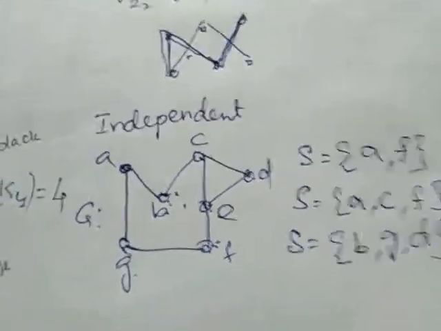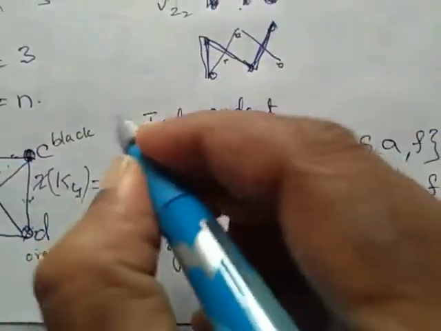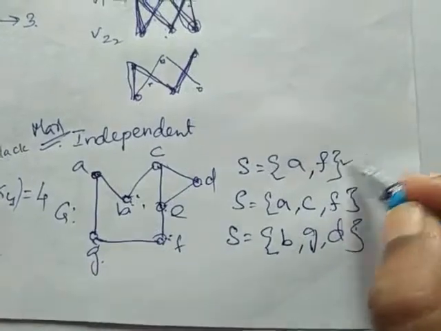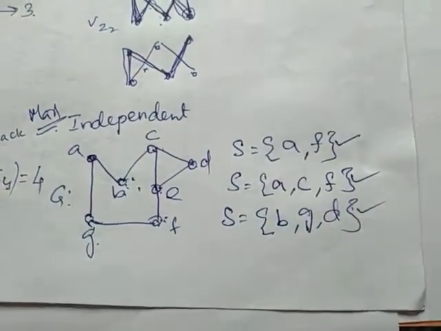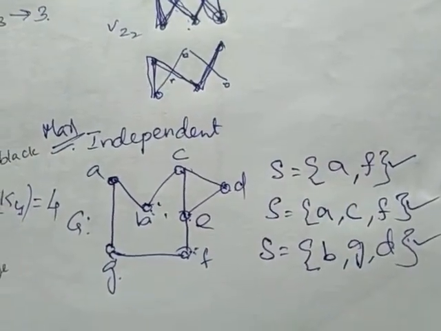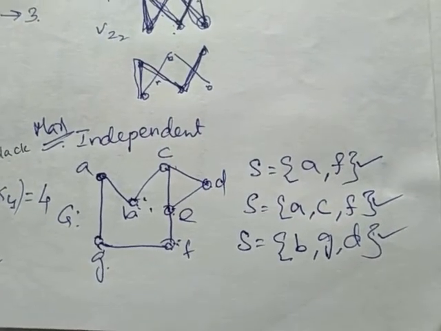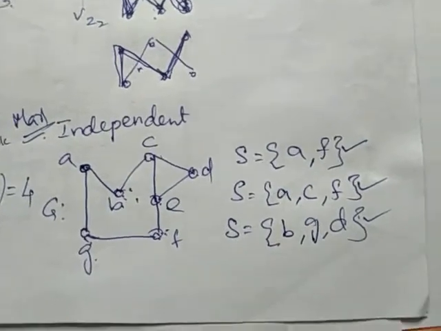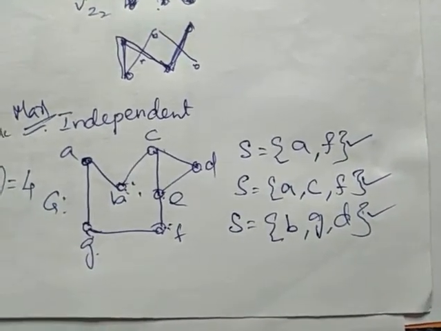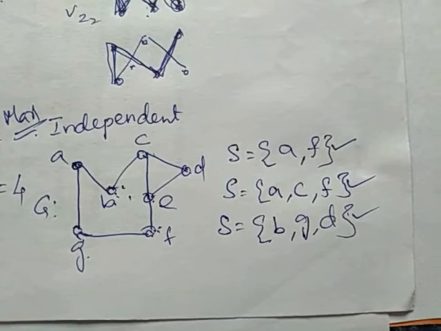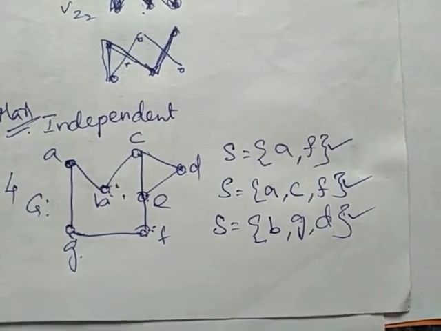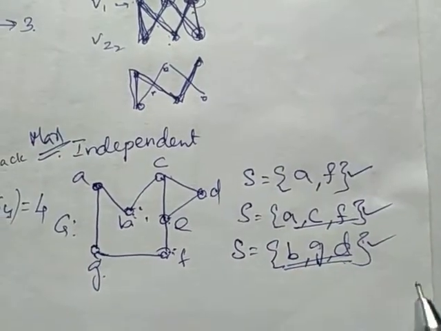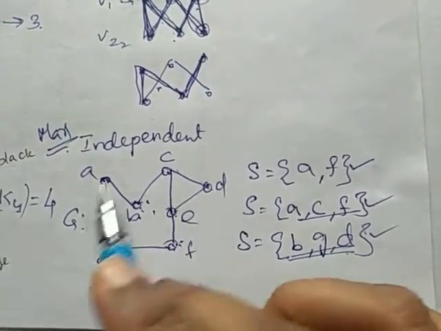Now we are going to study what is a maximum independent set. See, here we have 2 vertices, here 3 vertices, here again 3 vertices. So we can write n number of independent sets. The maximum independent set is the independent set with maximum cardinality. Here the maximum cardinality is 3. With 4 vertices we cannot write an independent set.